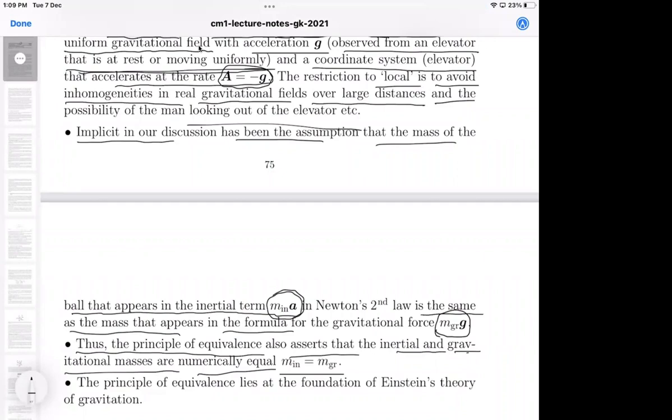Sir, I had a doubt. Okay, sure. Sir, we came to the conclusion that motion in uniformly accelerated frames is similar to motion in a uniform gravitational field.